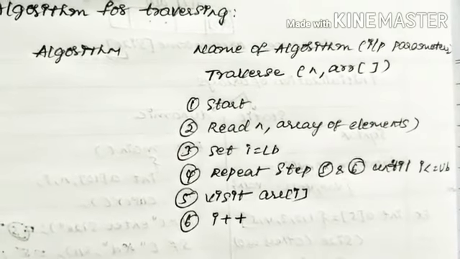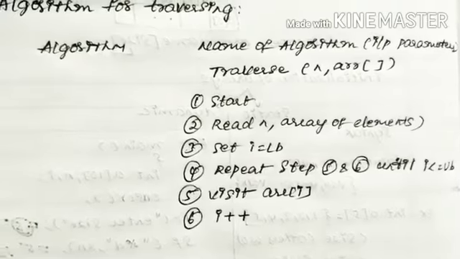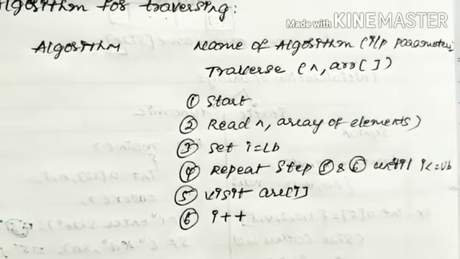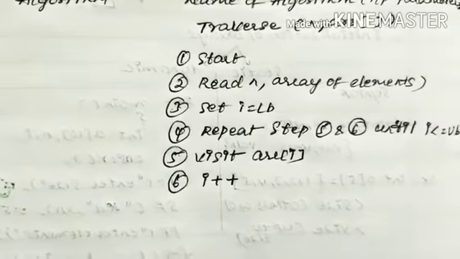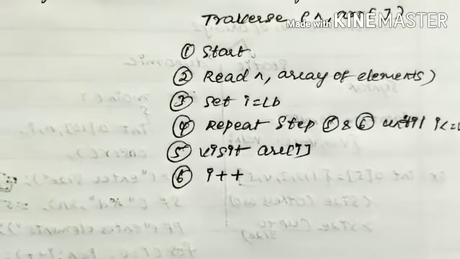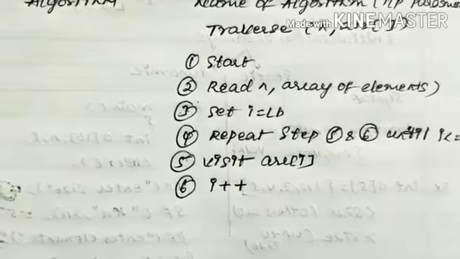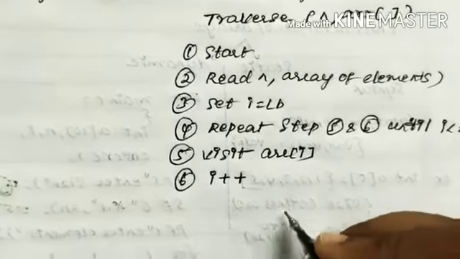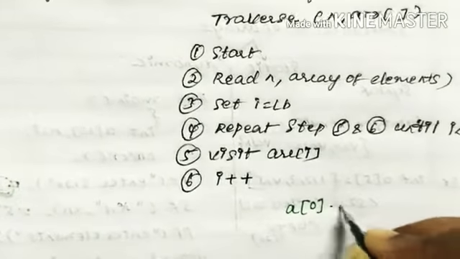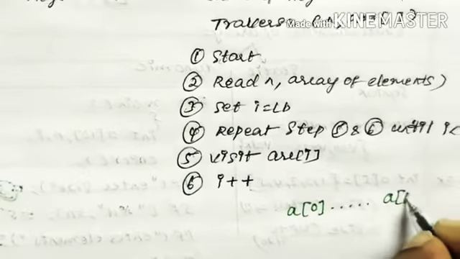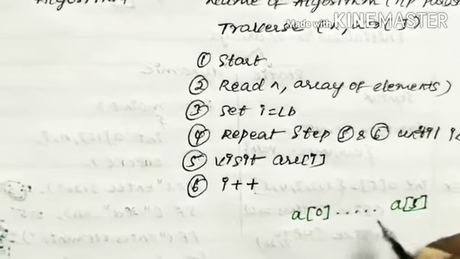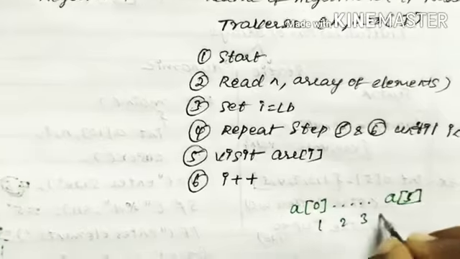Firstly, we start the algorithm with a start step. Then we read the size of the array and then each and every element of the array. Traversing is nothing but visiting each element of an array. That means the array index should start from 0 to the final index, like the array ends with 5, like 1, 2, 3 and 4.